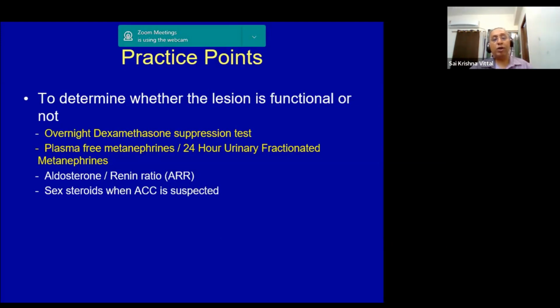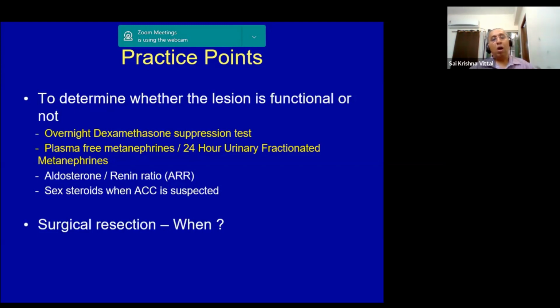So for all incidentalomas, you should do the first two. Aldosterone-renin ratio, if the incidentaloma is associated with hypertension or hypokalemia, you will want to rule out Conn's. Sex steroids, when the clinical features show evidence of hirsutism or increased sex steroids, or when you're suspecting ACC, you will do it.